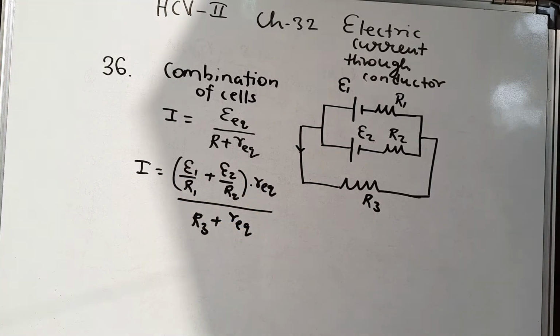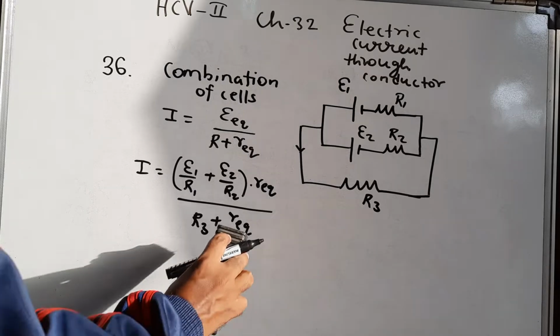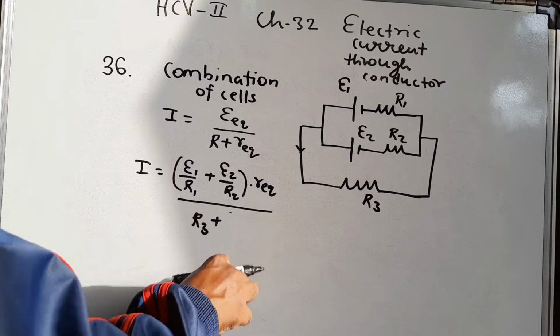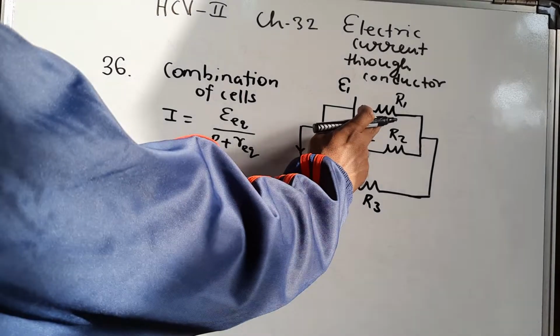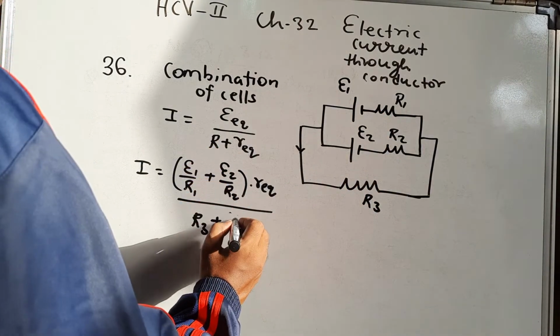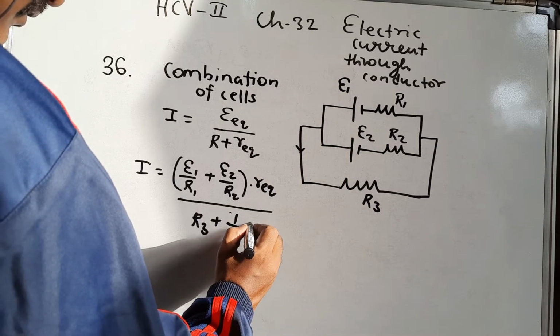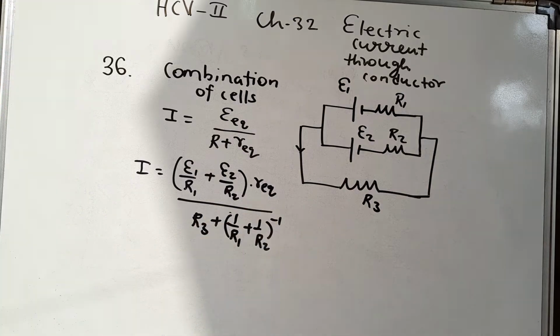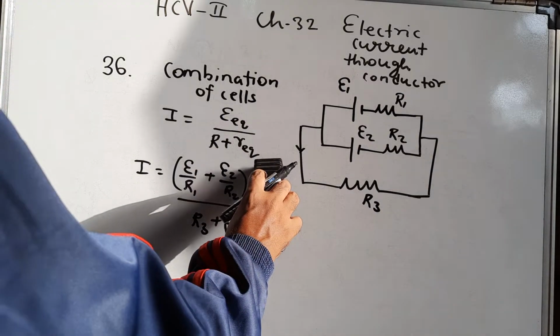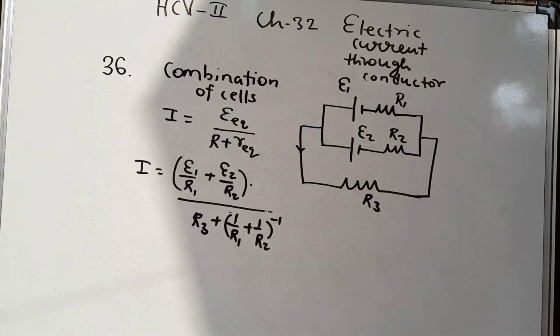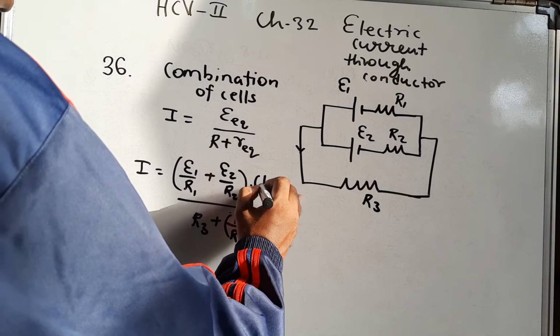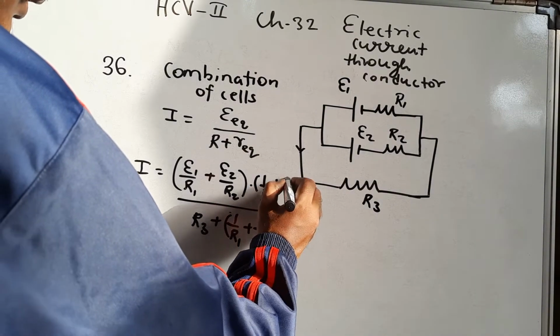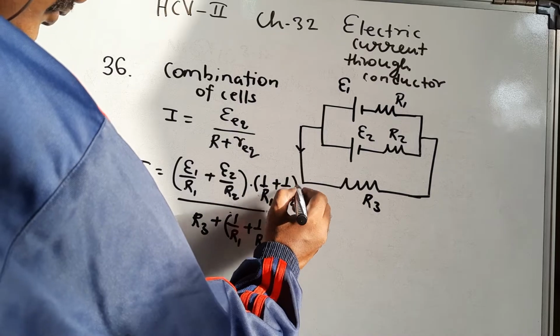I will substitute this value of REQ. This REQ is the effective resistance of this parallel combination, so it will be 1 by R1 plus 1 by R2 raised to minus 1, and similarly here also it is 1 by R1 plus 1 by R2 raised to minus 1.